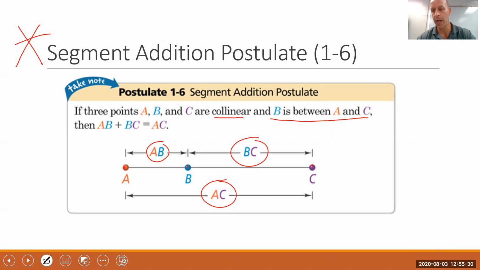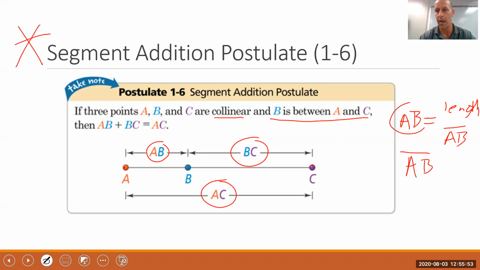What I forgot to mention on the last slide is that AB without the segment symbol means the length of segment AB. When I talk about AB with the segment symbol, I'm talking about the segment itself. Without the symbol, I'm talking about its length.